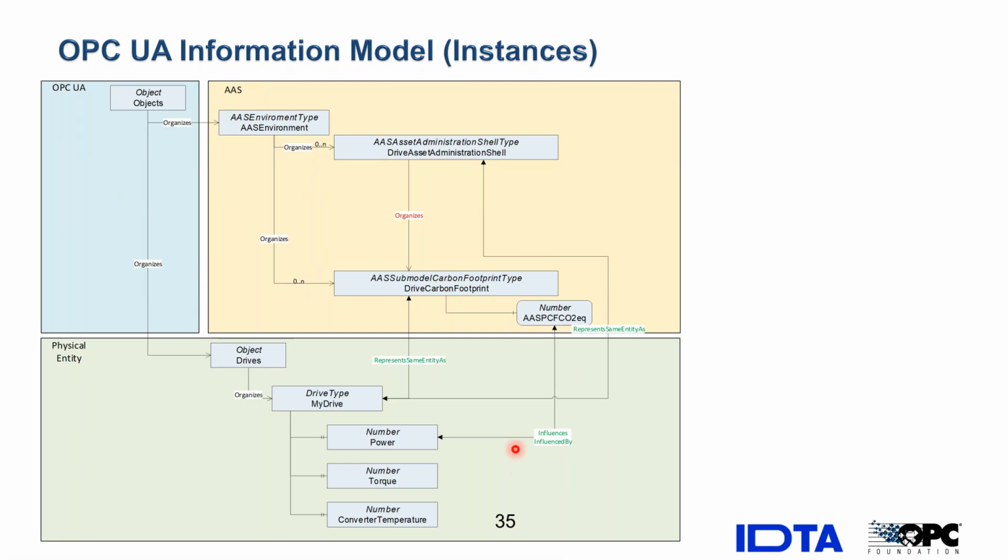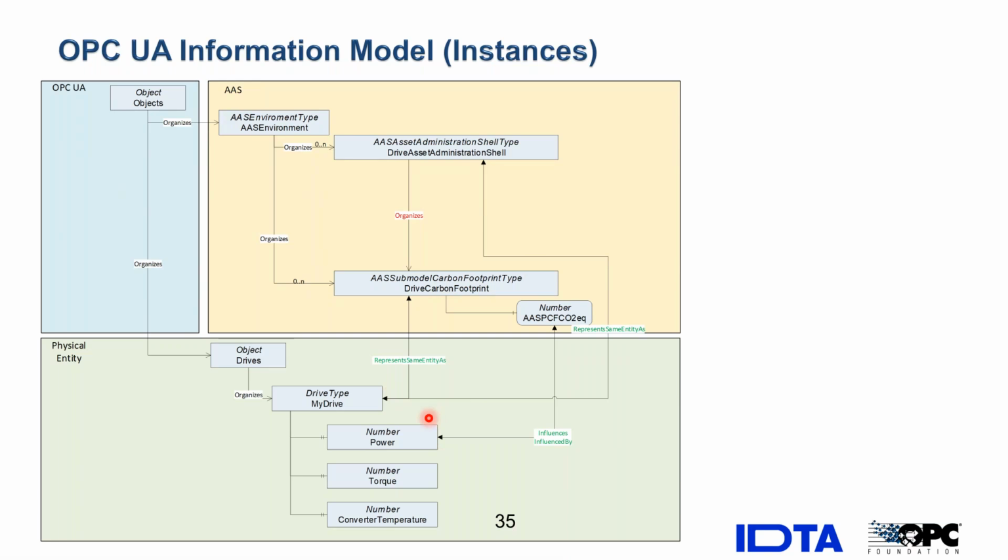What you see is that we introduce or use different references between, let me say, OPC UA instances, like my drive or power value here, and we are creating references.